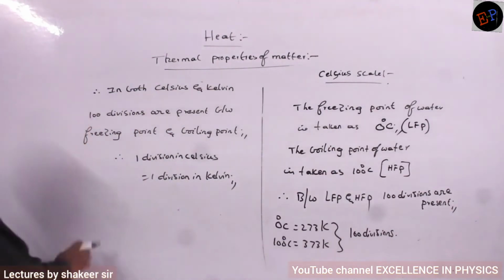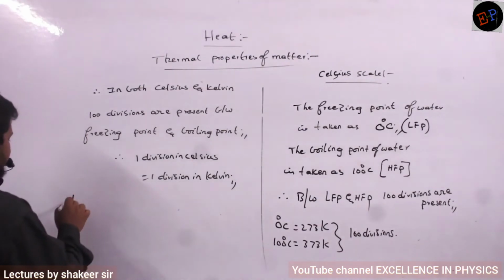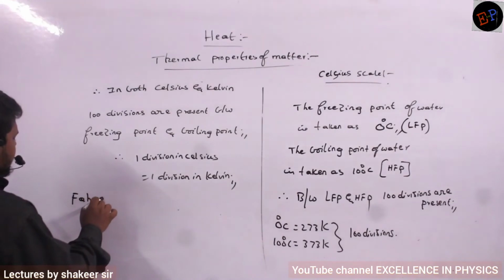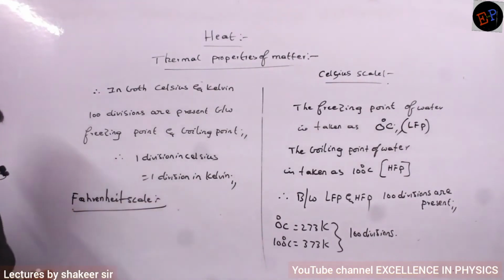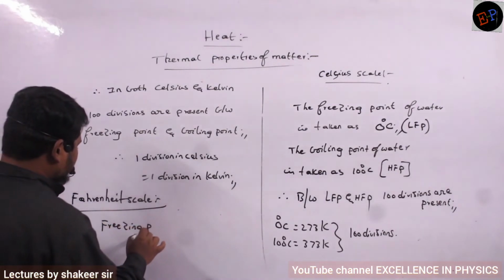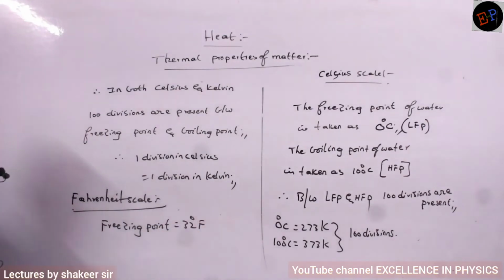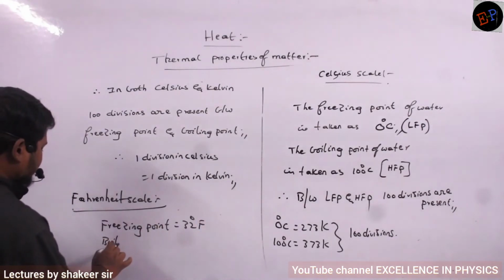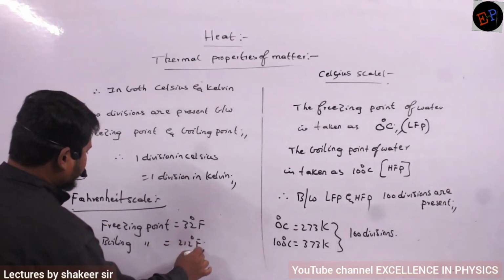Clear, no? So then we write another scale which is called the Fahrenheit scale. The freezing point of water is taken as 32 degrees Fahrenheit and the boiling point is taken as 212 degrees Fahrenheit.